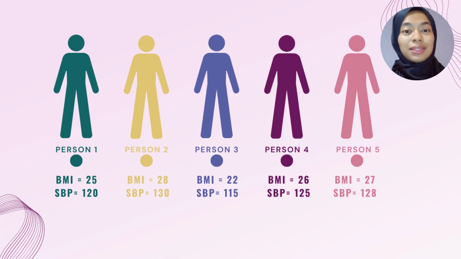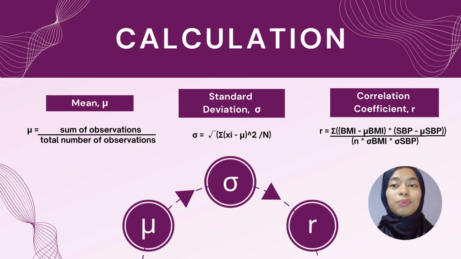Alright, this is the example. Let's consider a hypothetical example where we have collected data on the BMI and systolic blood pressure of a sample of individuals. Suppose we have the following data of 5 people, from person 1 to person 5, with different BMI and SBP. To analyze the relationship between the BMI and blood pressure, we can calculate the correlation coefficient, which measures the strength and direction of the linear relationship between the two variables.